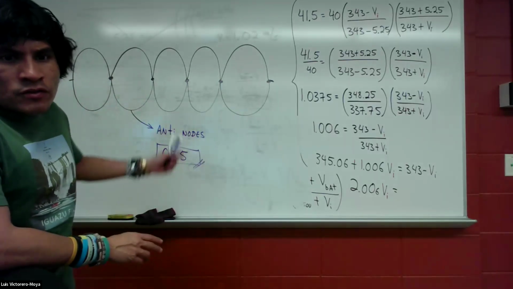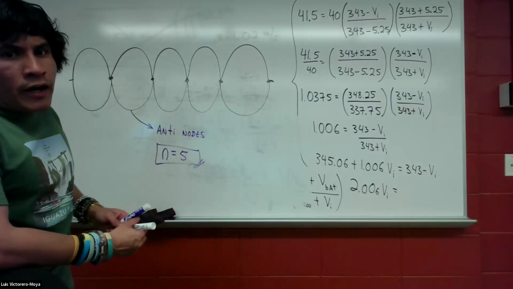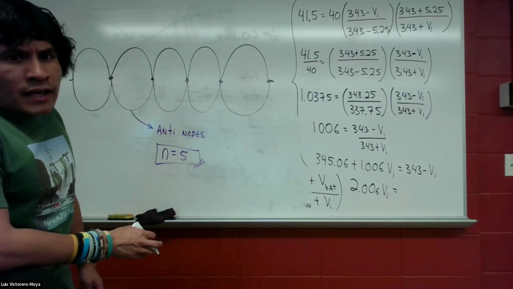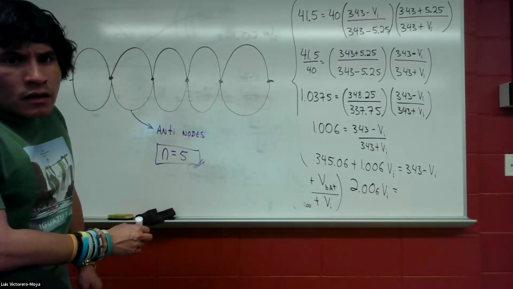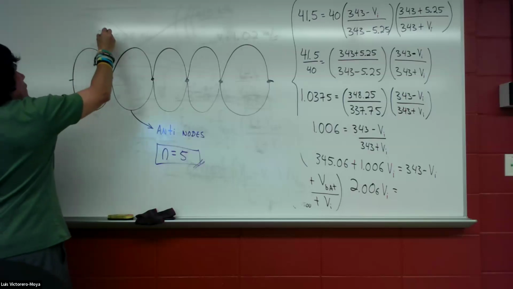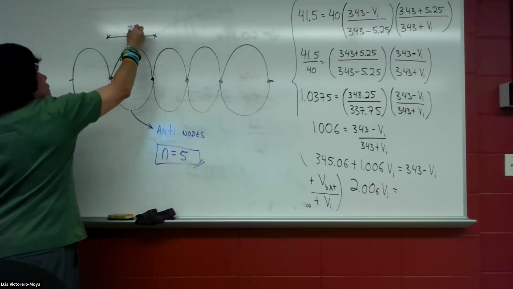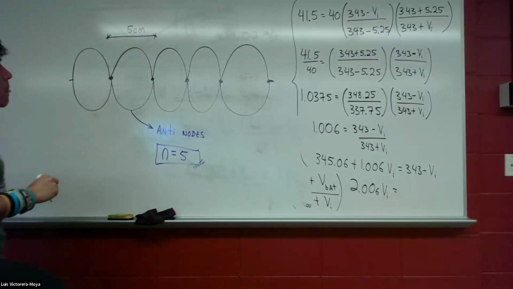And find the frequency of this harmonic if they give you the mass and the tension of the string. Okay. So they give you the distance between two nodes, which is 5 centimeters. So this is 5 centimeters. All right.